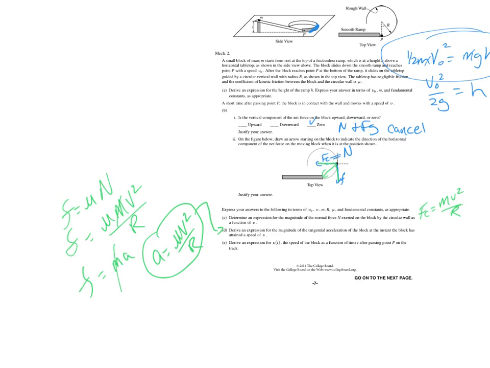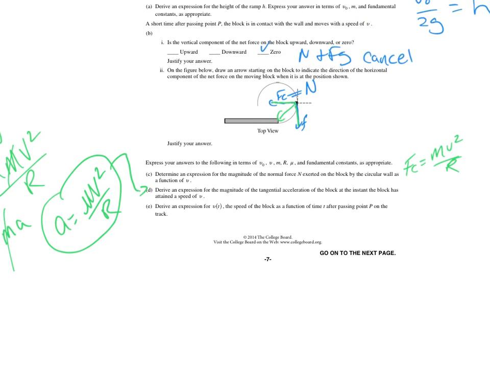And then finally, we want to derive an expression for v of the block as a function of time. And so here's where our fancy calculus kicks in. You basically do dv dt is equal to mu v squared over r.